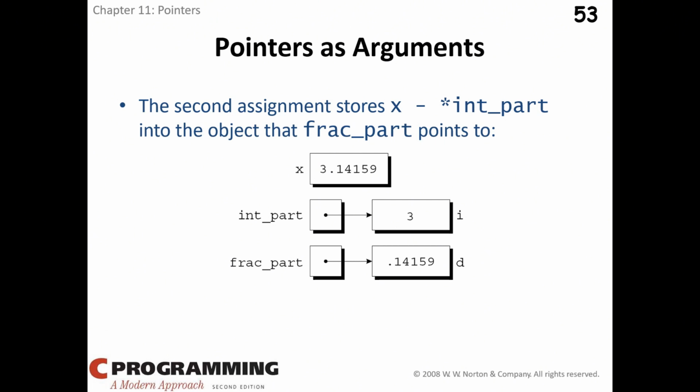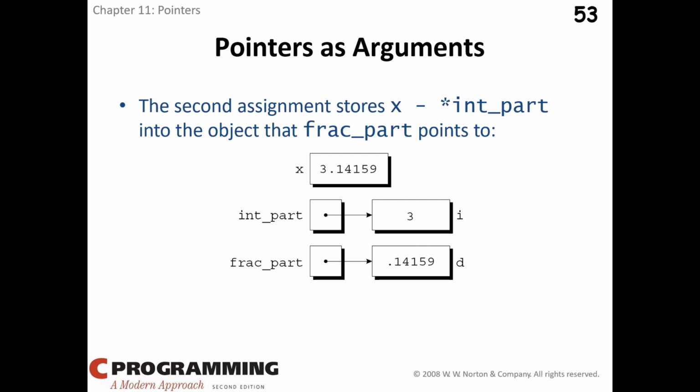In the decompose function, the second assignment calculates the fractional part of the double value x by subtracting the integer part, stored in the memory location pointed to by the integer part pointer, from the original value of x. This calculated fractional part is then stored in the memory location pointed to by the fractional part pointer.